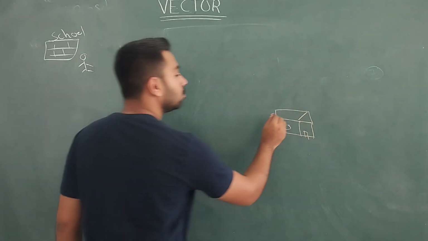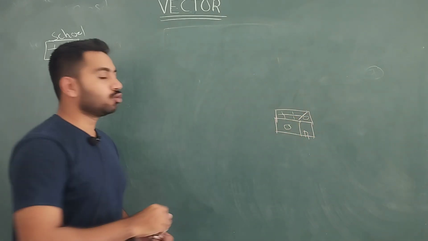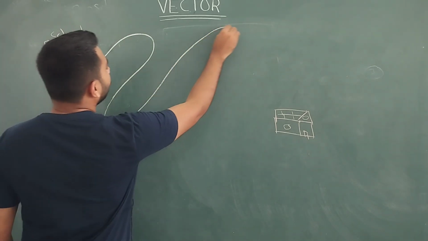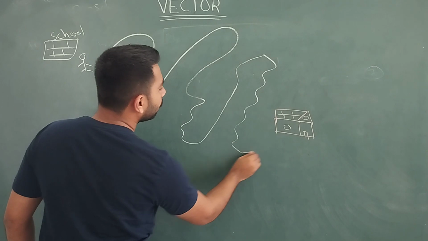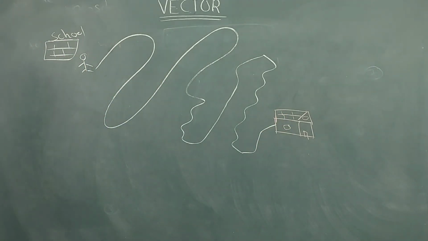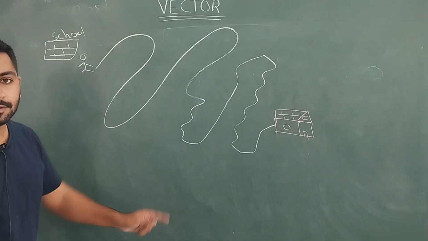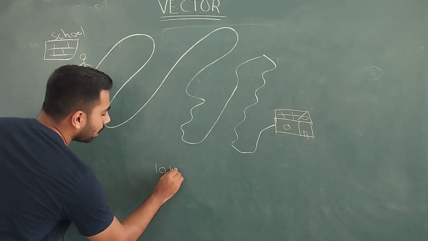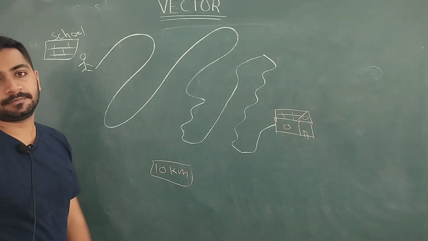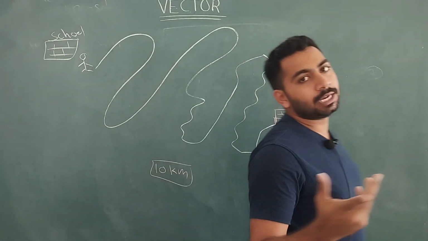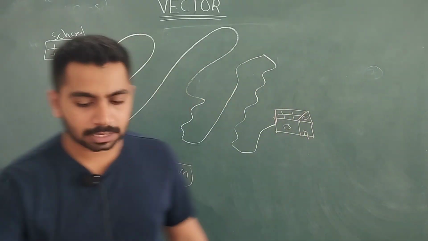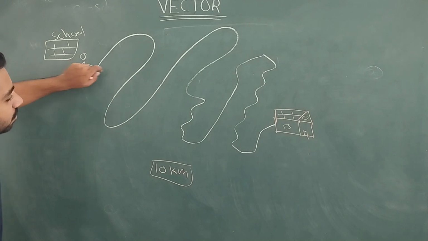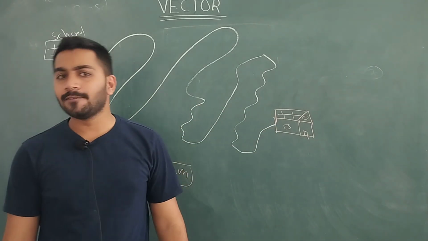After leaving the school, your road is like this. This full road from this point to this point is somewhat 10 kilometers. Now tell me, how can you say distance and displacement? Sir, very simple: the whole path is distance, and the shortest distance from this point to this point is displacement. Yes, of course, right.